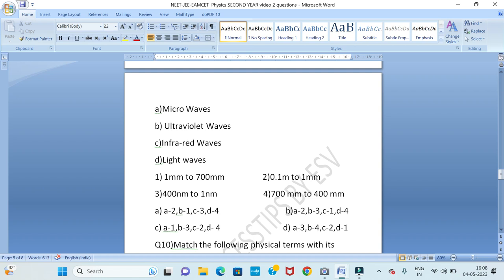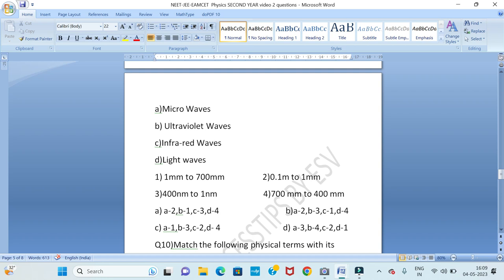Next, microwaves A2, 0.1 meters to 1 millimeter. It is high. Meter is greater than millimeter. So all these high waves are the microwaves. Light waves are ultraviolet.